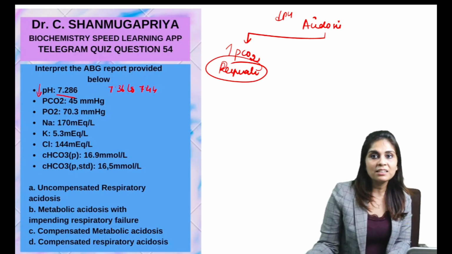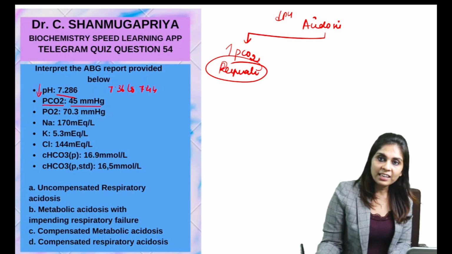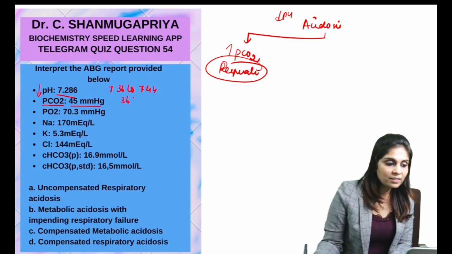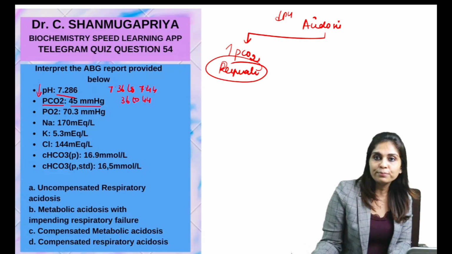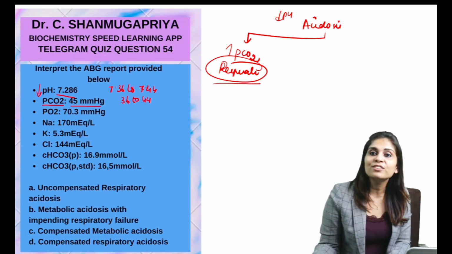So that is respiratory acidosis. Now let's check the PCO2 value here. It's 45 millimeter of mercury, and we know normal PCO2 is 36 to 44 millimeter of mercury. So there is a marginal increase in partial pressure of carbon dioxide, so it can probably be respiratory acidosis.